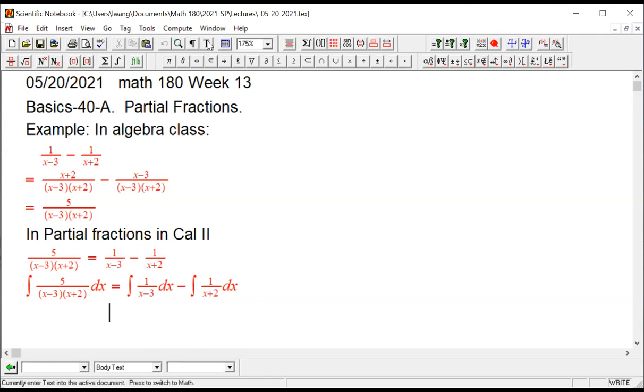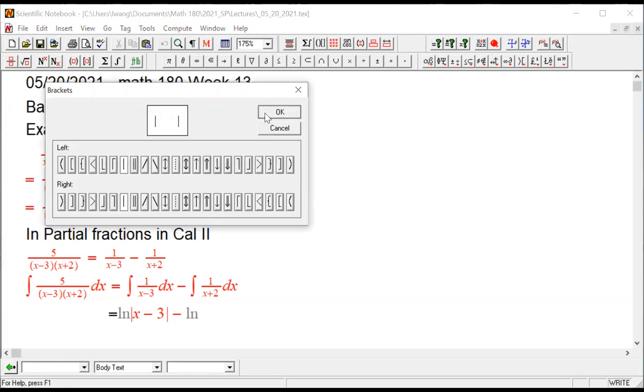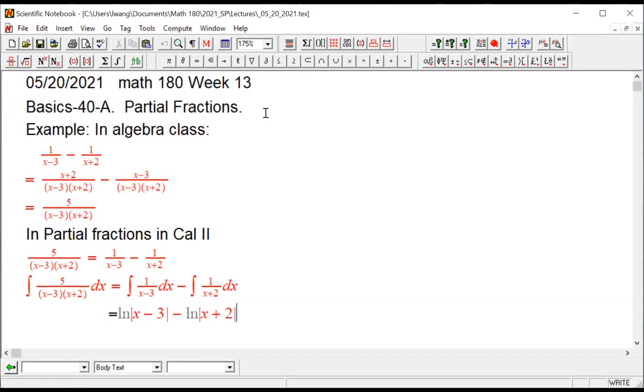Then your answer will come in handy, which is something like the absolute value of x minus 3 minus the absolute value of x plus 2, plus a constant. That's the reason we do partial fraction.